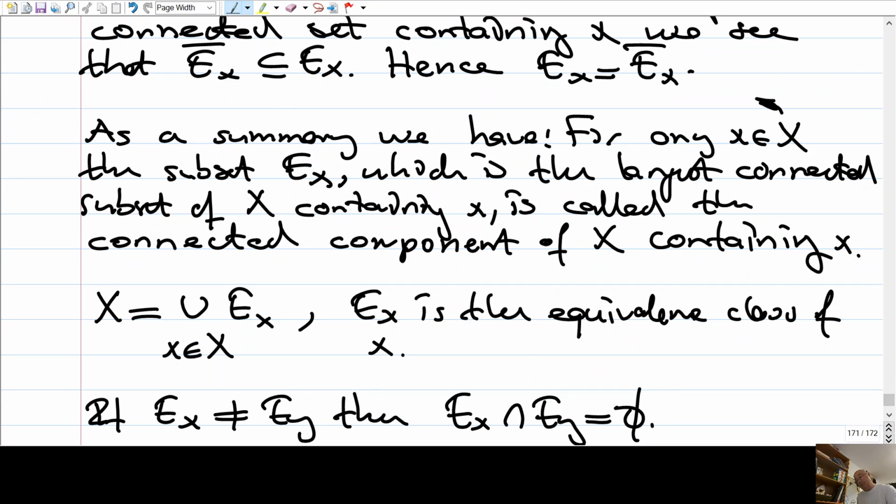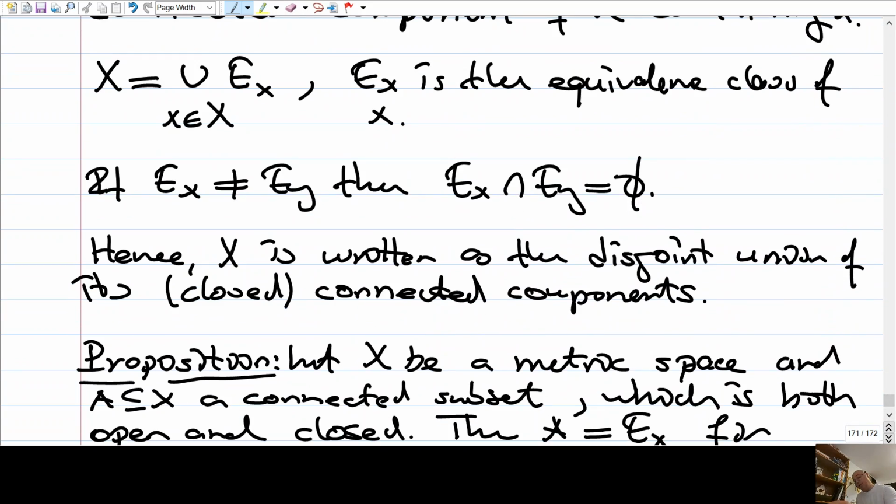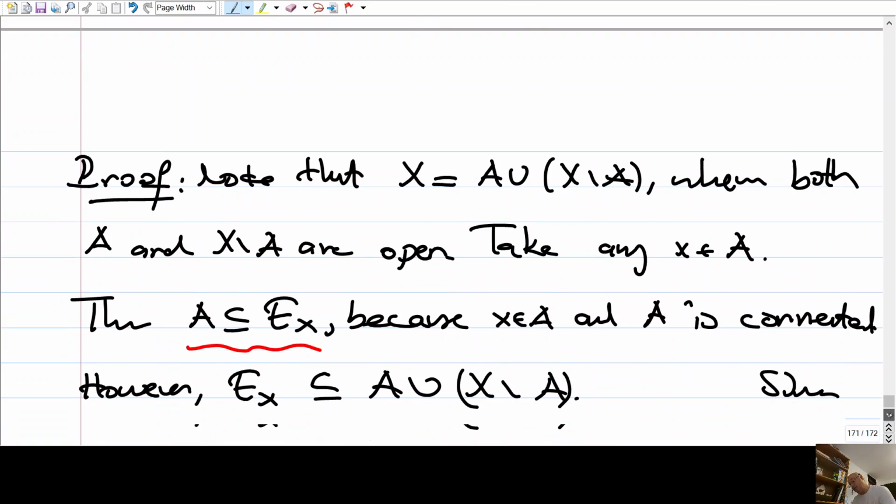Our metric space is this disjoint union of these connected components, which are all closed subsets. And here we see that if you have a connected set which is both open and closed, then that subset must be one of these E_x.